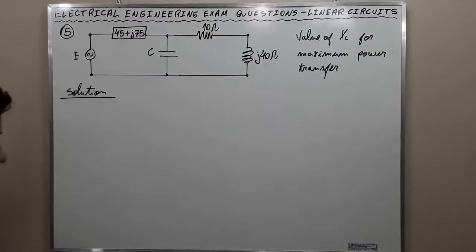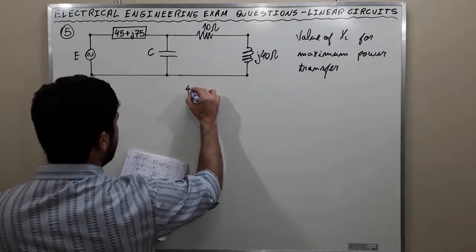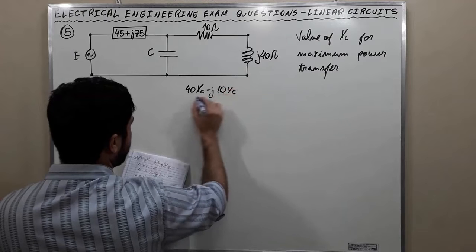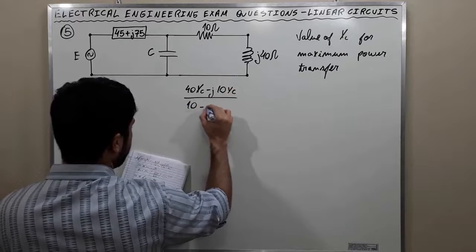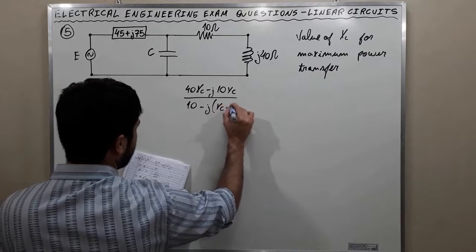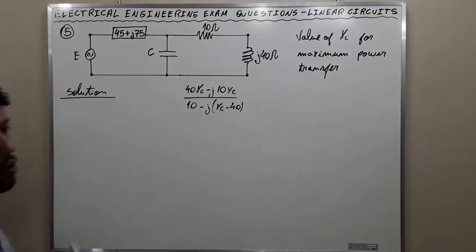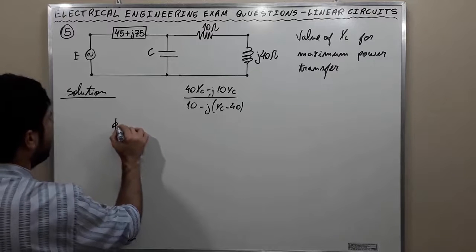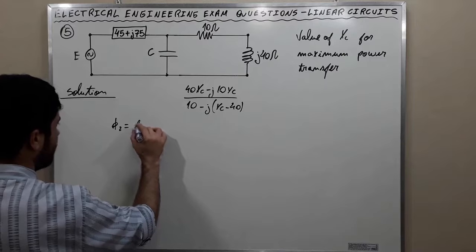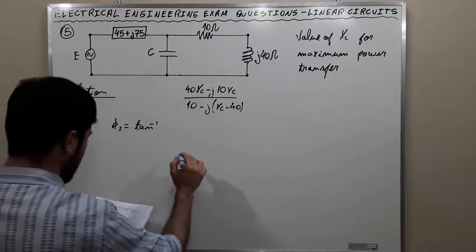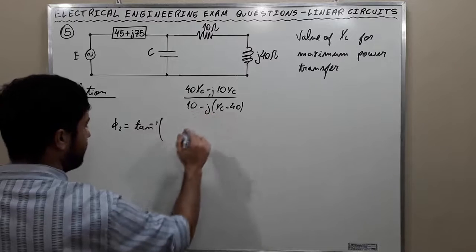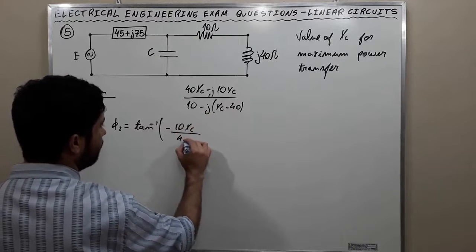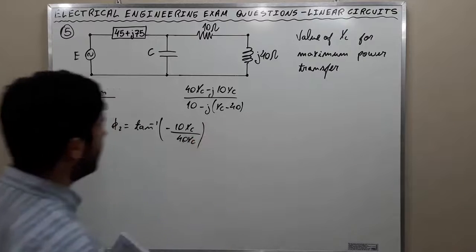The angle, I'm going to write it again. The angle of the numerator, phi 2, is going to be equal to the inverse tangent of negative 10 XC divided by 40 XC, okay?